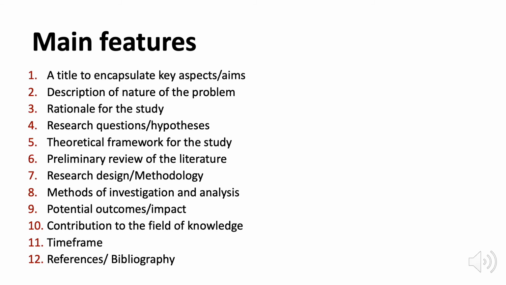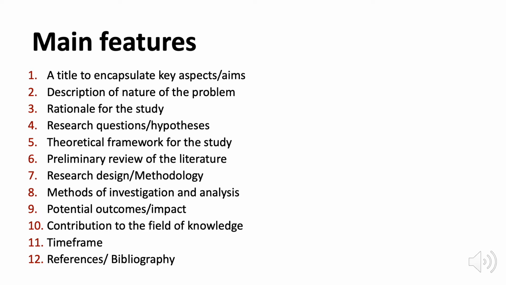Right. Overall, your research proposal will have three major sections, which are the introduction, literature review, and the research design. However, these three sections will have 12 components, which you can see on the screen.